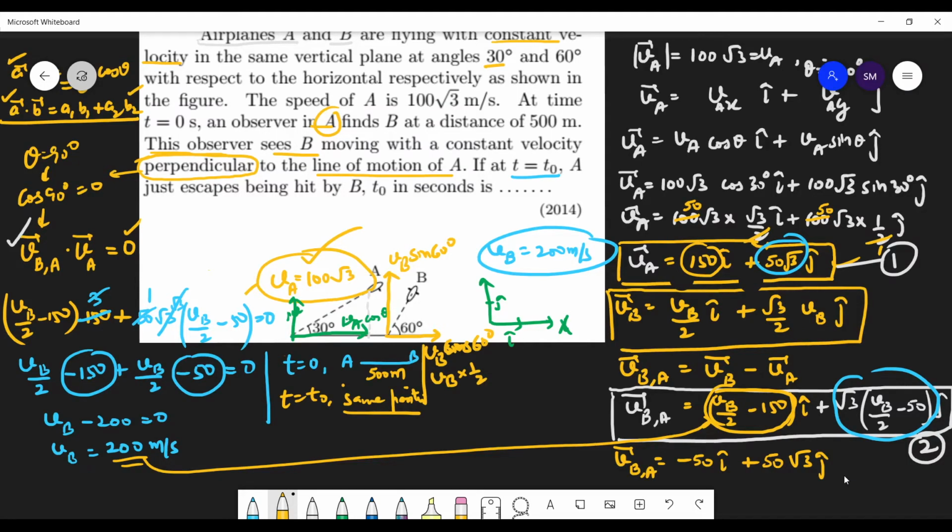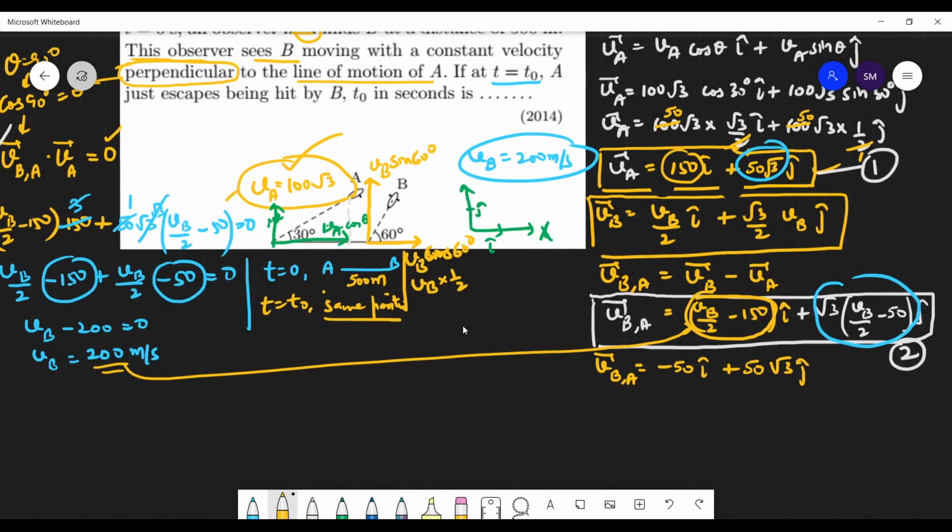Now you have to find the magnitude of VBA. That will be equal to the square root of, this is the x component, this is the y component, so minus 50 square plus 50 root 3 square.